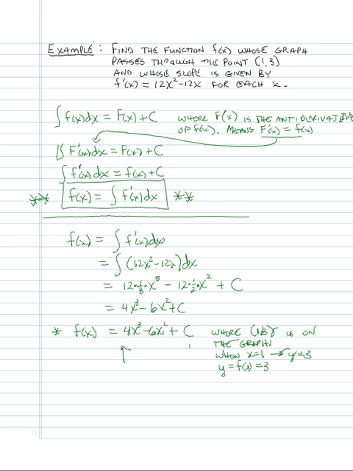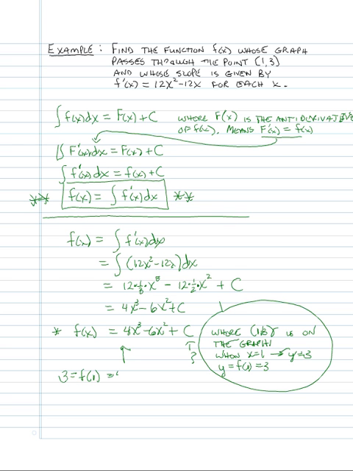Our question is, what is c? Based on this information, we're going to calculate what c is, because we know that since (1, 3) is on the graph, when we put a 1 into the function, we have to get a 3 out.